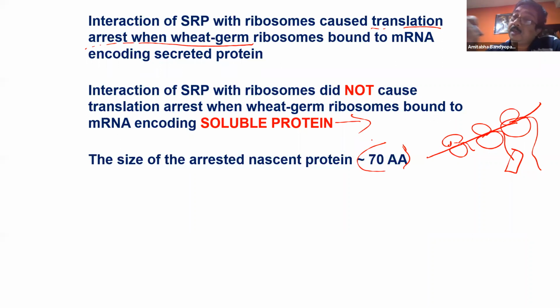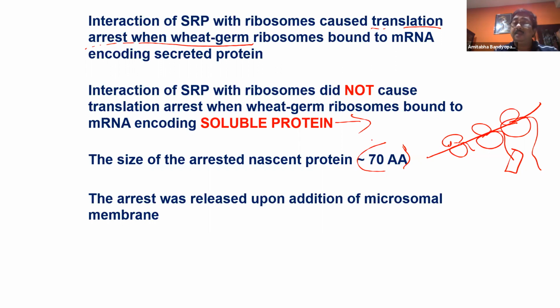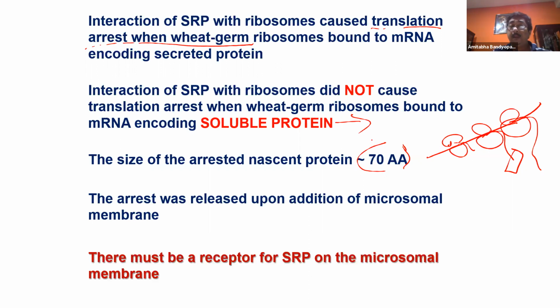This translation arrest, again, please understand that this is happening in the absence of any ER membrane. This arrest will be released if you add microsomal membrane. Okay, so that means that there is something on the microsomal membrane which is releasing this translation arrest. And then they postulated that there must be a receptor on the microsomal membrane, interaction with which is releasing the arrest.